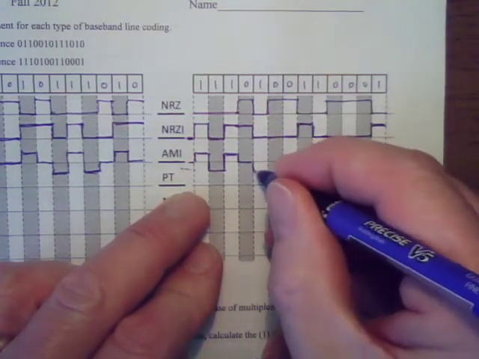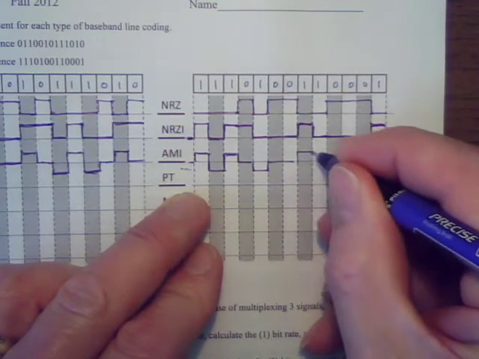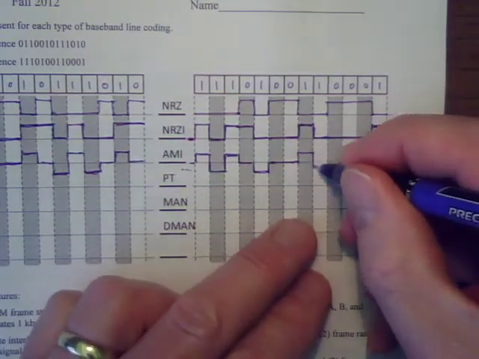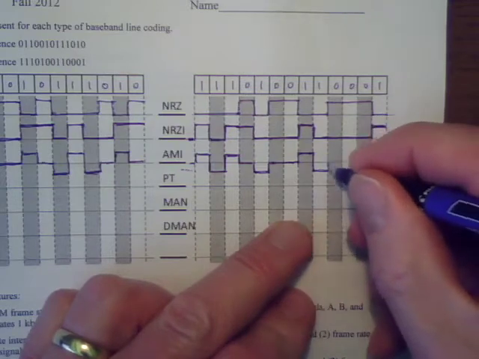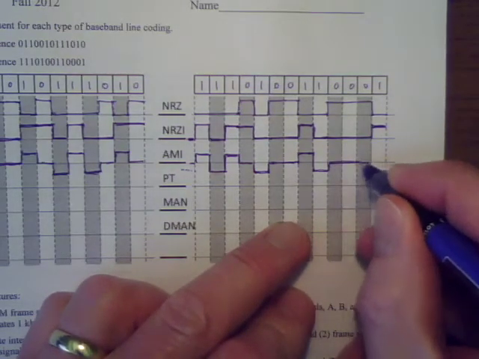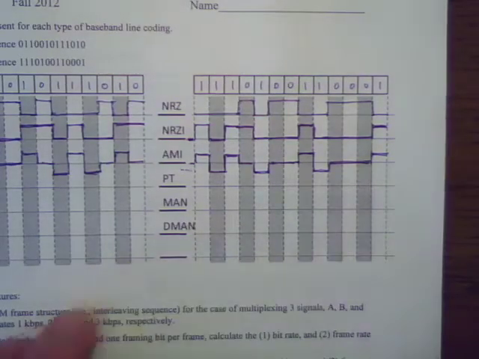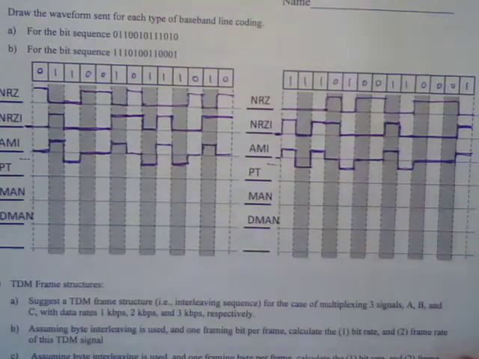The next one gives me a negative, couple zeros, next one gets me positive, next one takes me negative, and then 3 zeros in a row, and finally positive. Okay, so this is how the signals look for the AMI.